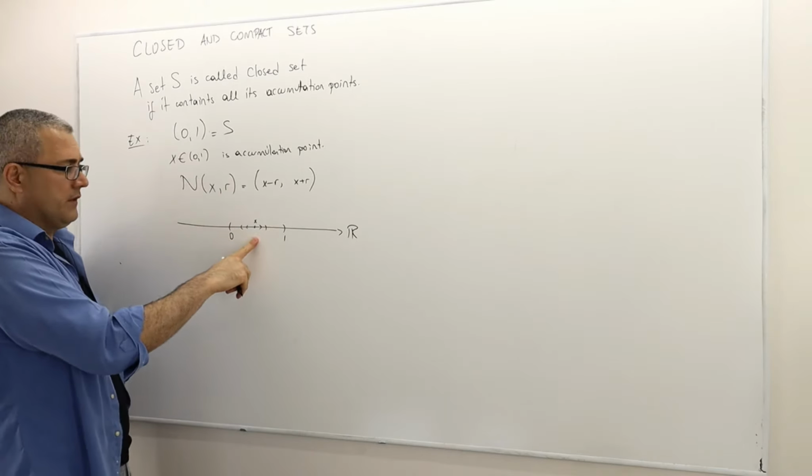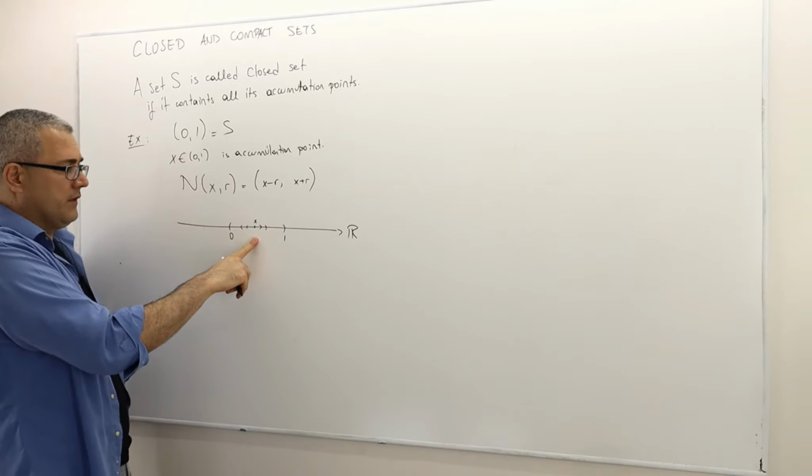So every neighborhood of X is going to include an element in the (0, 1) interval, and hence any point in the (0, 1) interval is an accumulation point. But is that it? Is this the whole set of accumulation points of the (0, 1) open interval? No. X equals 0 and X equals 1 are also accumulation points of this set S.